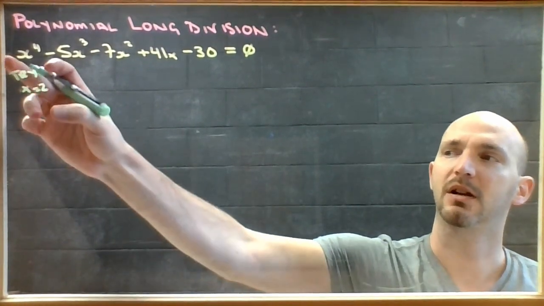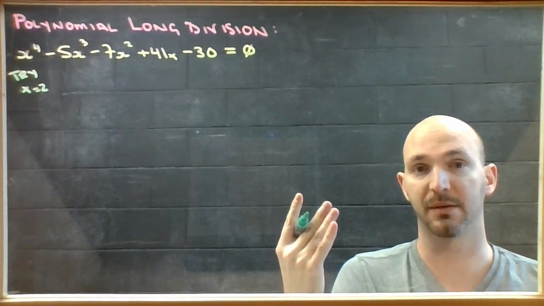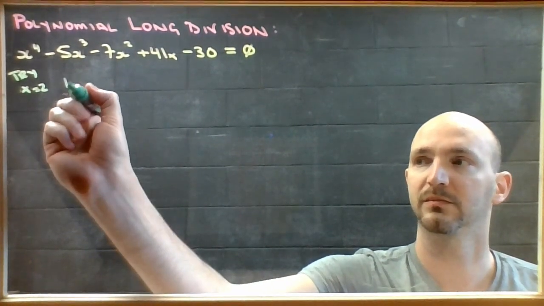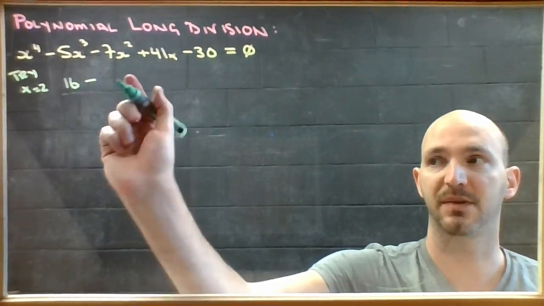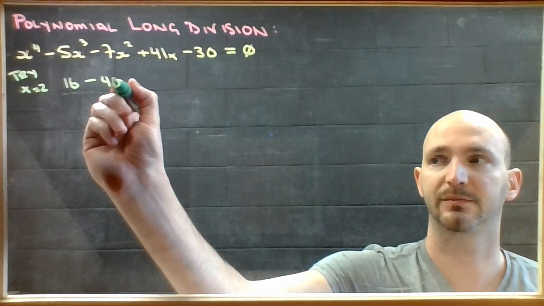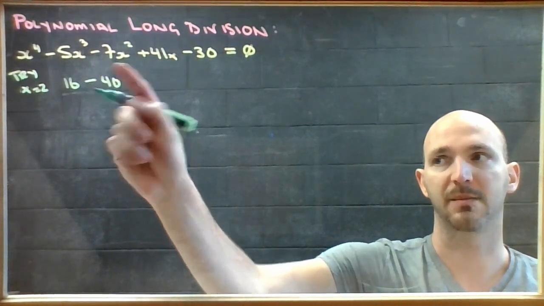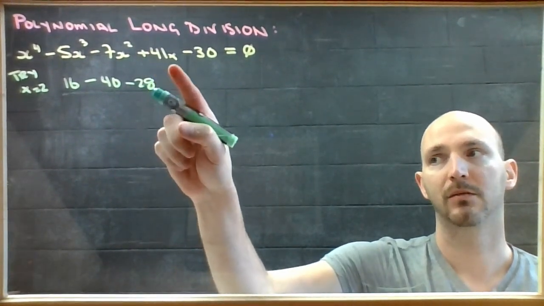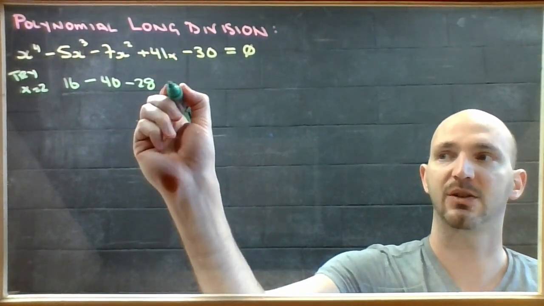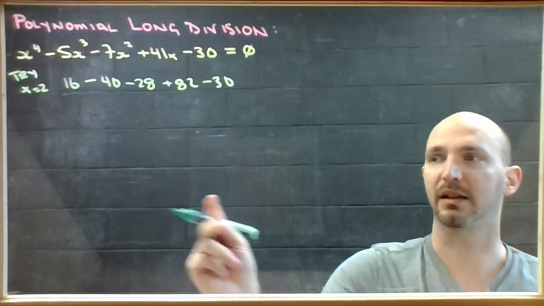Okay, so 2 to the power 4 would be 2 times 2 is 4, times 2 is 8, times 2 is 16. 2 cubed is 8, 8 times 5 is 40. 2 squared is 4, 4 times 7 is 28. The 2 in here, that's 82, minus 30. Let's see what we get.